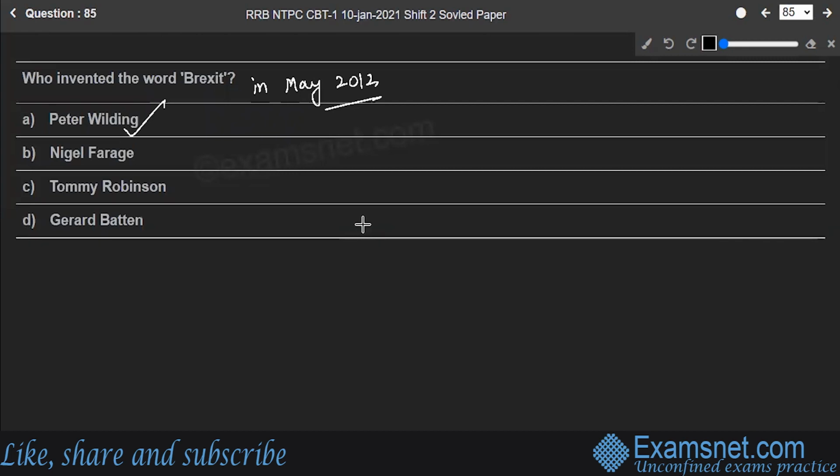Brexit refers to the possibility of Britain leaving the European Union.